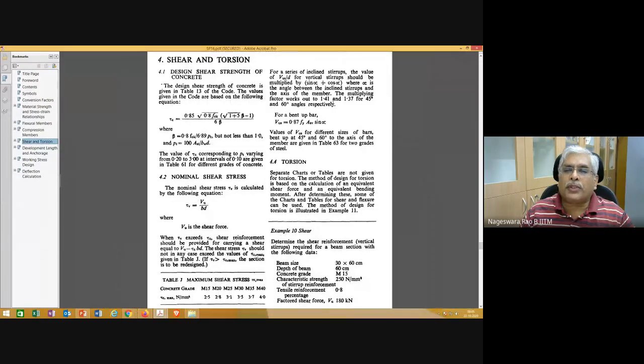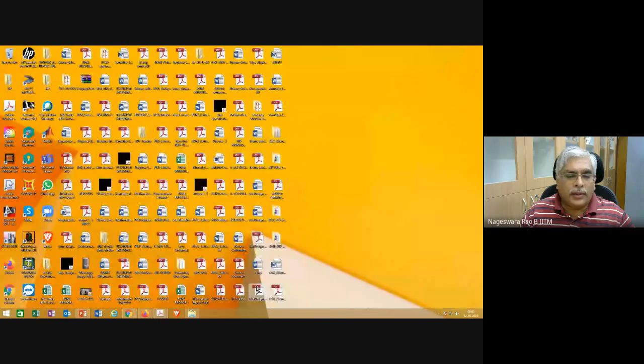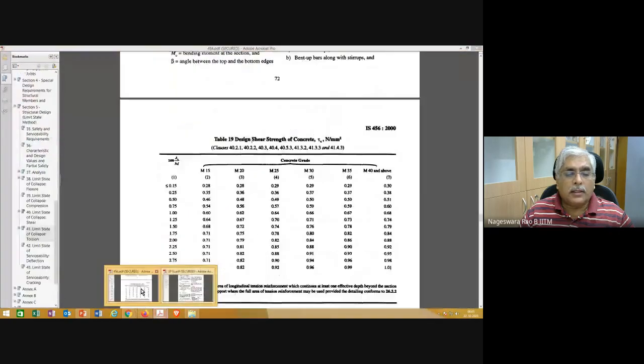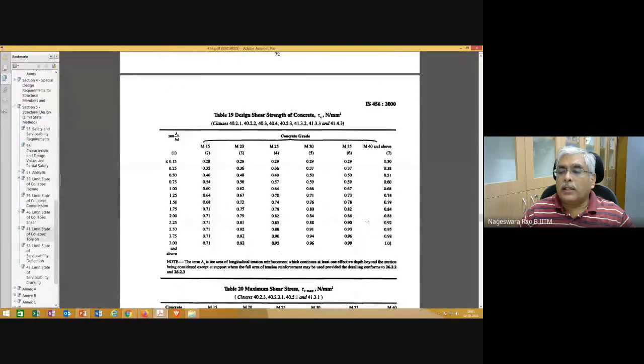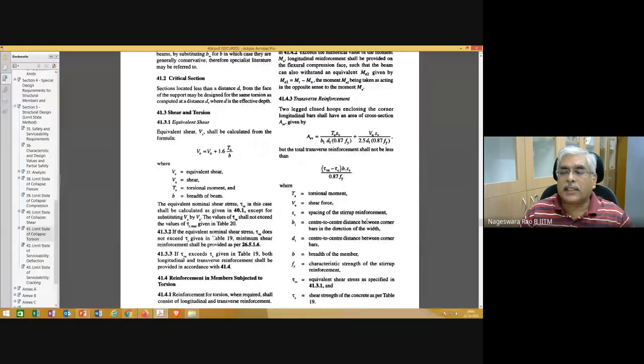And as you proceeded for the shear reinforcement earlier, you need to do those checks, whether nominal shear stress is exceeding design shear strength.